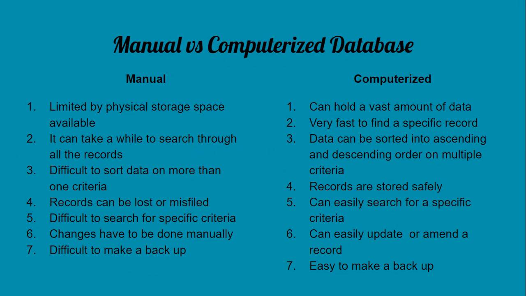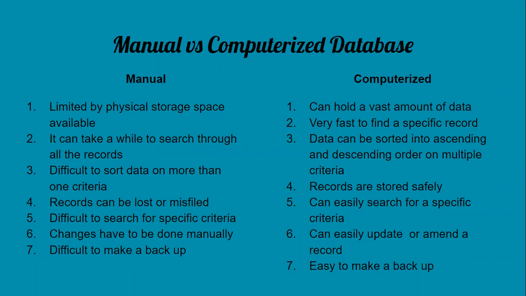That could take days, weeks, you never know. And changes in the manual database must be done manually. So if a patient relocates, then we have to find their file to cross out the current address to put in the new one. That can make for a messy file.